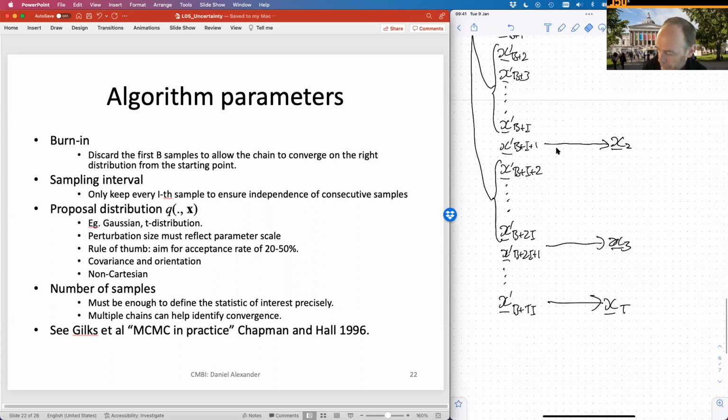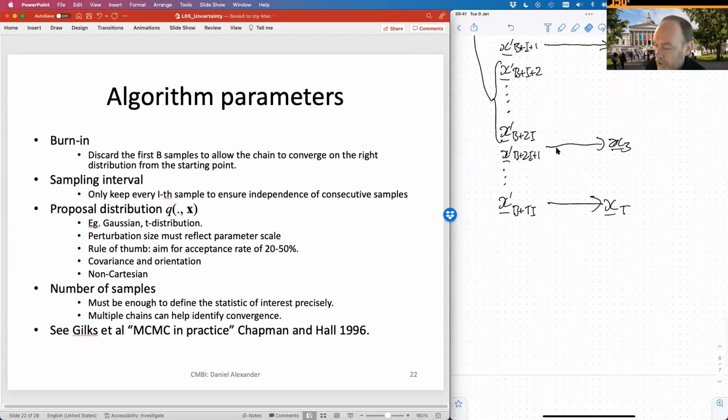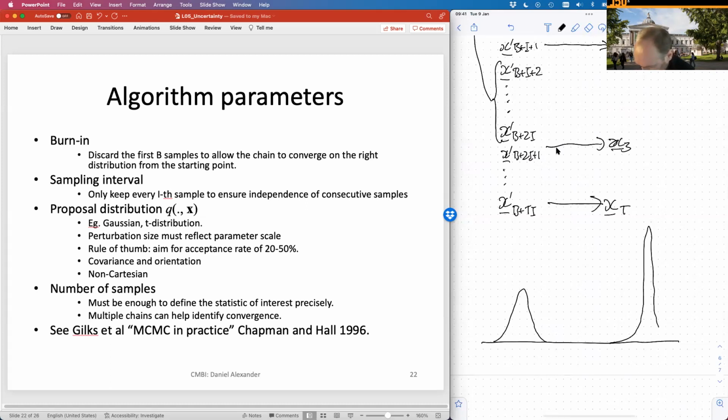There are arguments for using other kinds of shape. For example, the example distribution I showed back there was multimodal, but not very strongly multimodal. Suppose we had a much more brutally multimodal posterior distribution that looks like that.